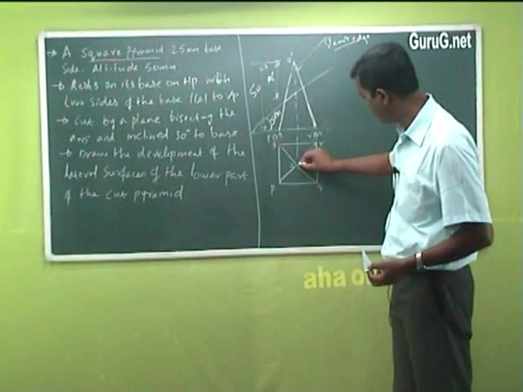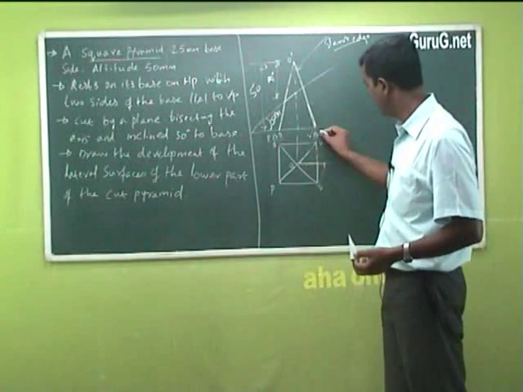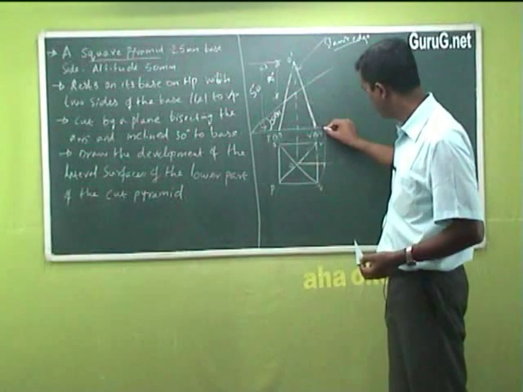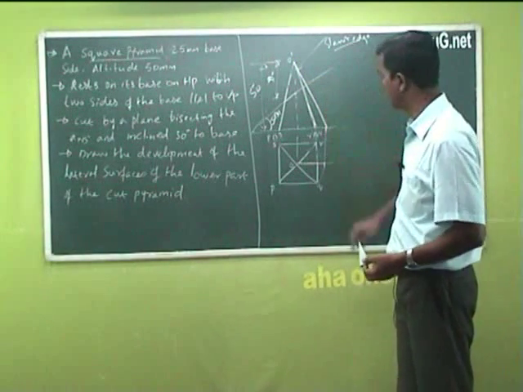This length is the original length of your slant generator. I mean to say, you project it up to this point, then join this corner with this corner.